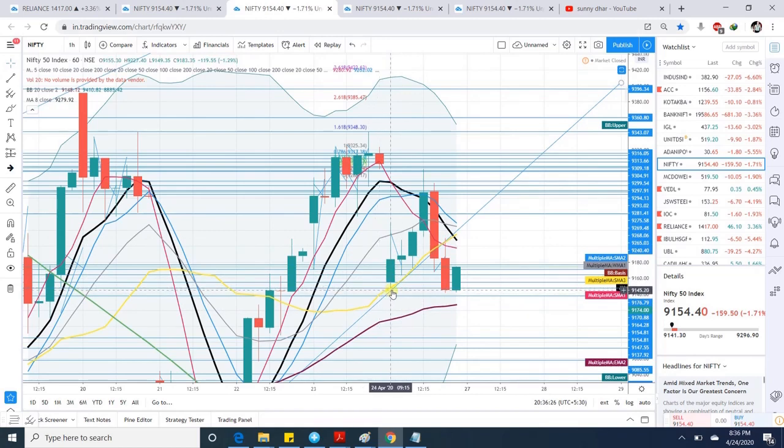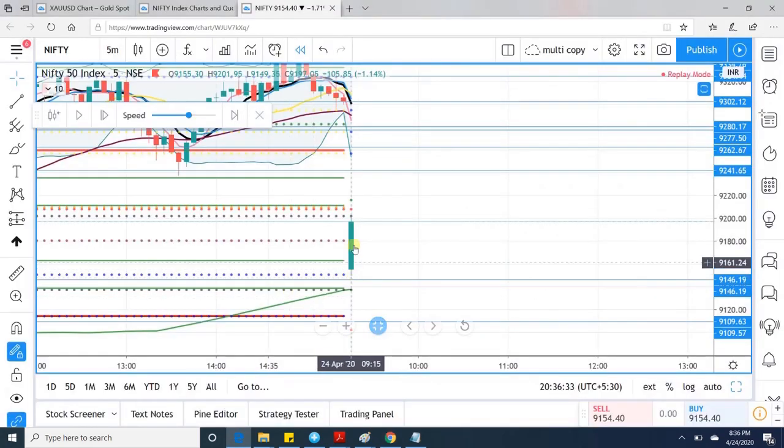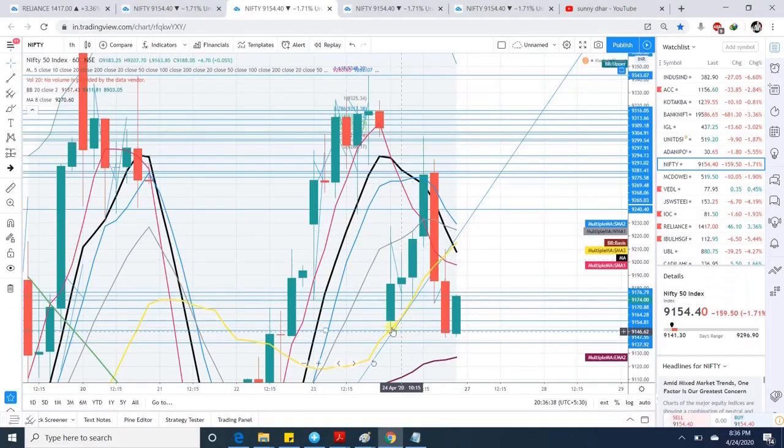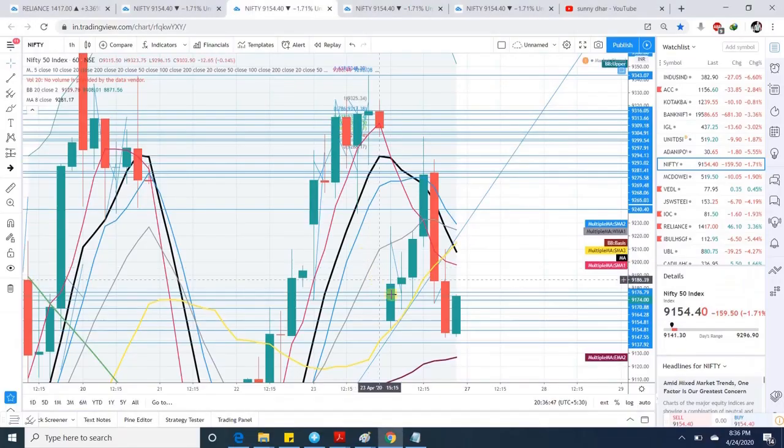And see how it is taking support on this 20 moving average and bouncing from here. That's why there was a bullish candle: it opened gap down, but it took support on the 20 moving average of the hourly time frame and it was a bullish candle because there was support.